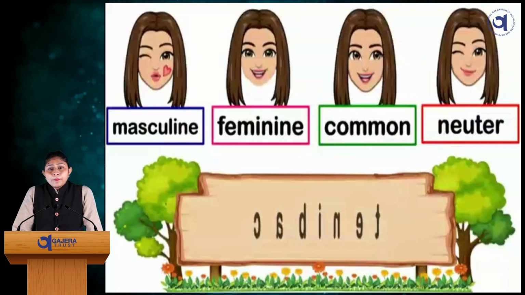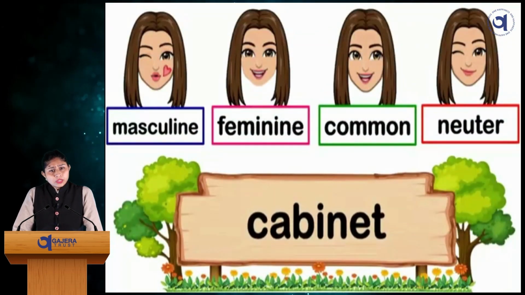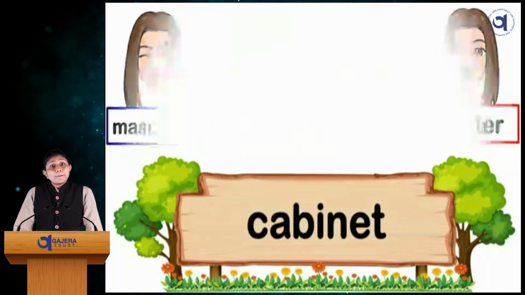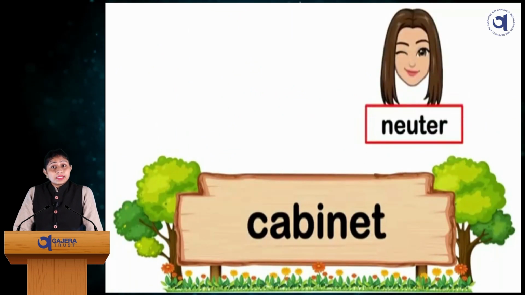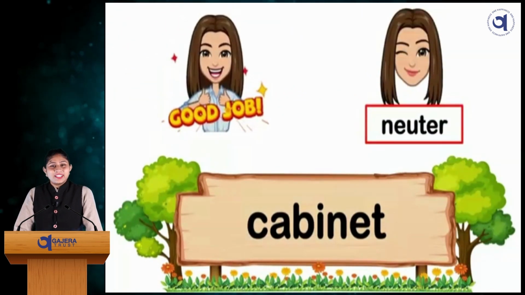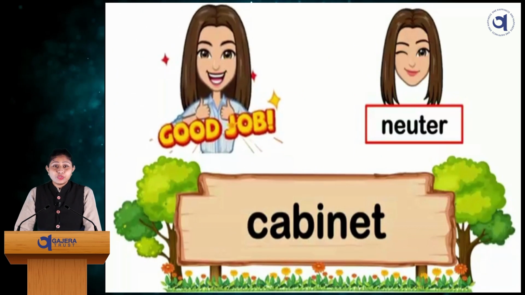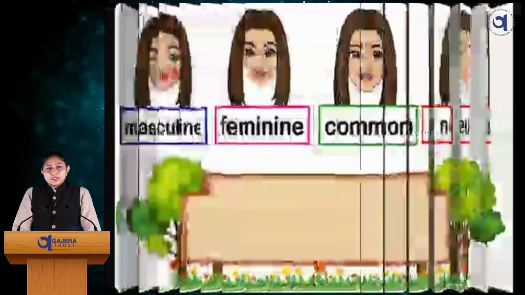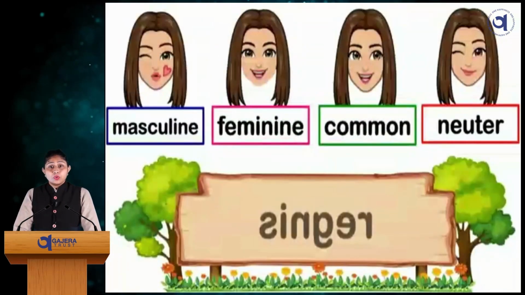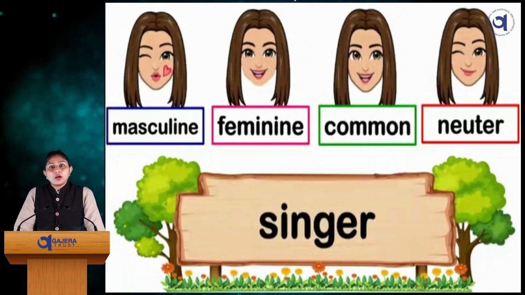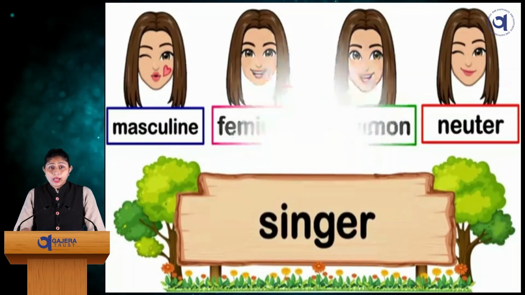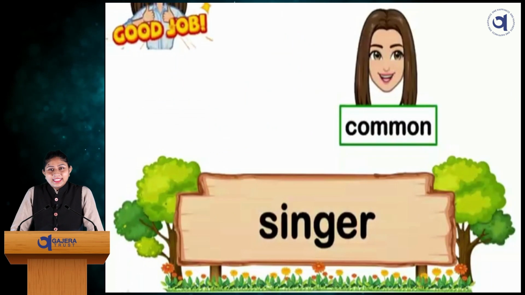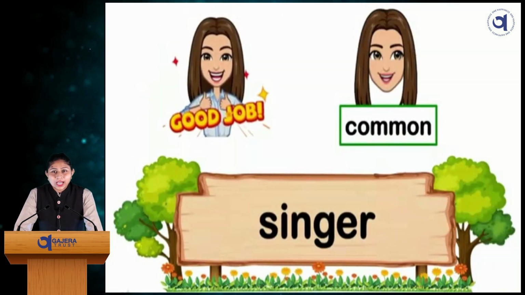Now, cabinet. What is the meaning of cabinet? The upper part of our car is called cabinet, and that is a non-living thing, and that comes in neuter gender. Yes, very good. So now here comes singer. Singer, yes, it's a common noun.